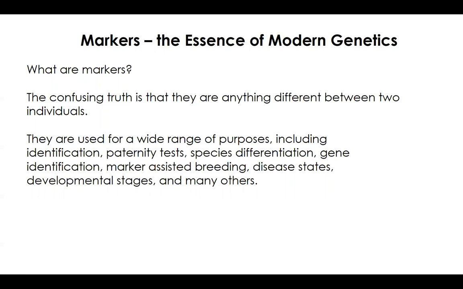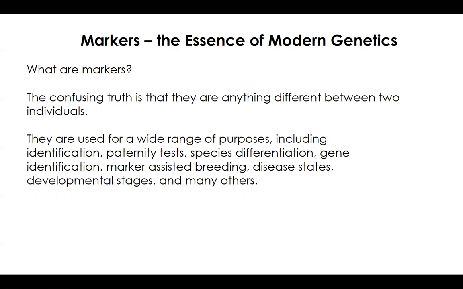Something called marker-assisted breeding, which will accelerate, particularly in crop plants, our ability to get ideal crops and increase yields. This can help us learn more about disease states, developmental stages, and many other things. So these can be used for a wide range of purposes and can be literally any difference.